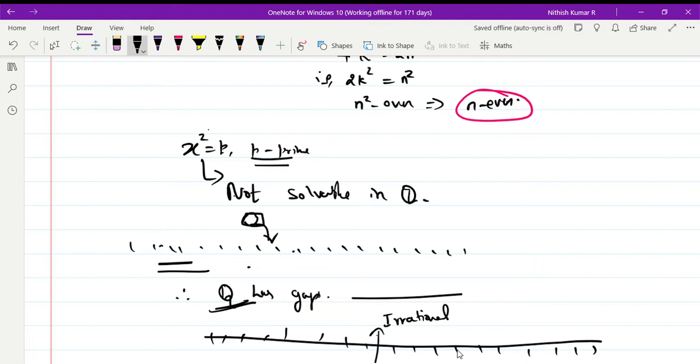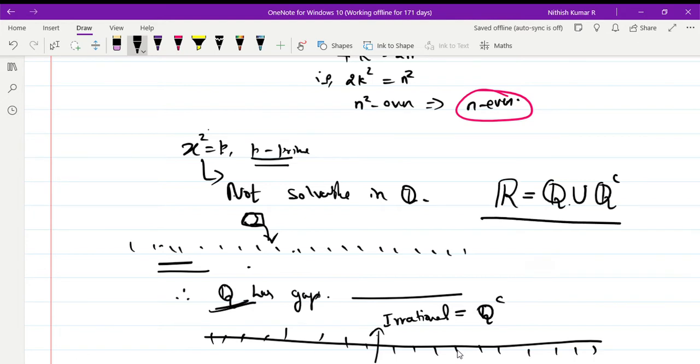Irrationals are nothing but numbers which are not rationals, so we shall denote it by Q complement. Now taking the union of rationals as well as irrationals, we shall denote it by R, that is the set of all real numbers.